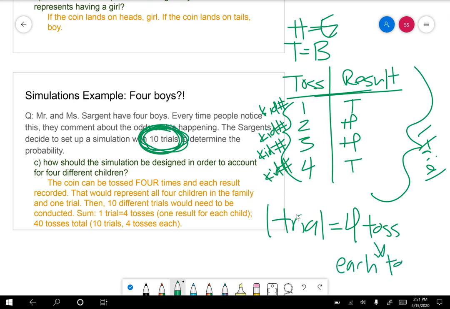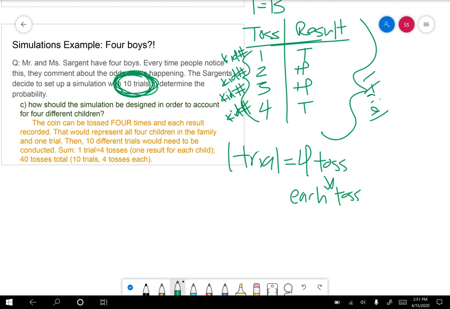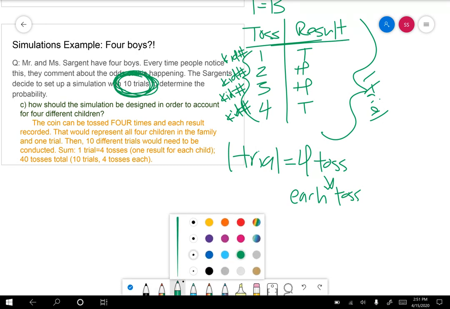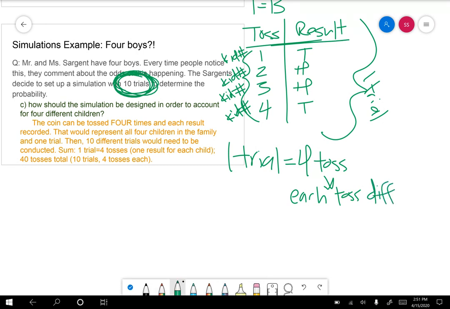Each toss is a different kid, different child. But we want 10 trials total.